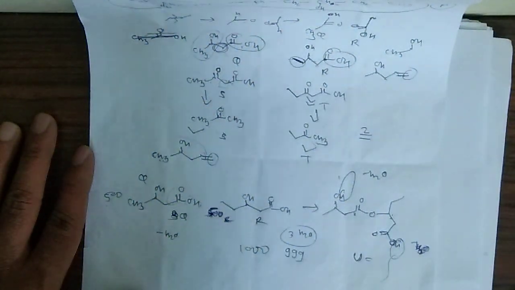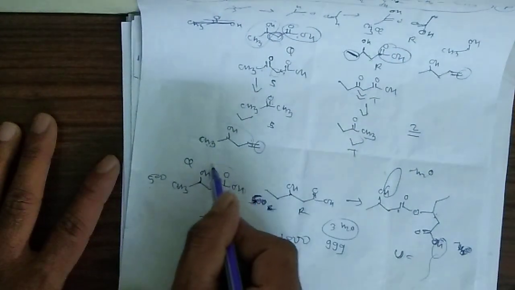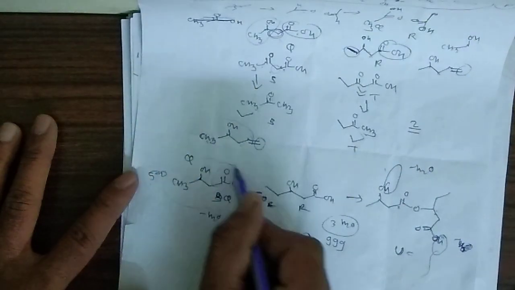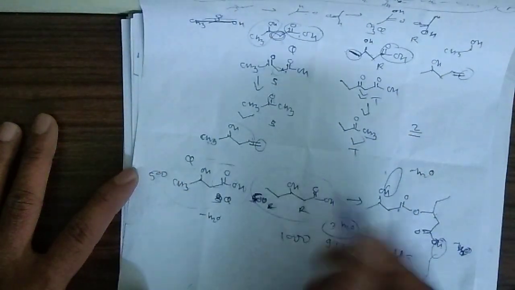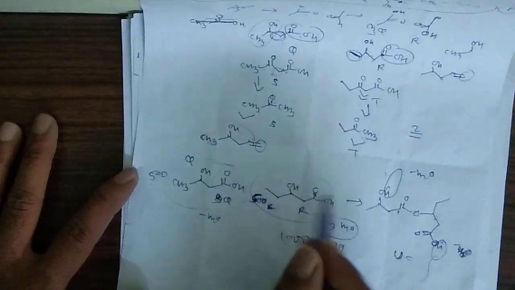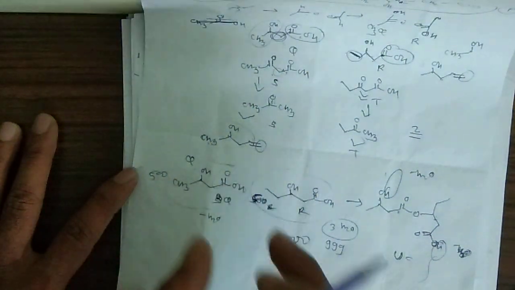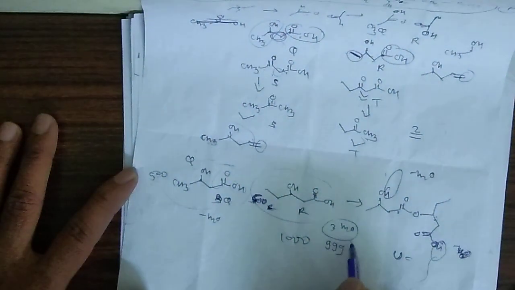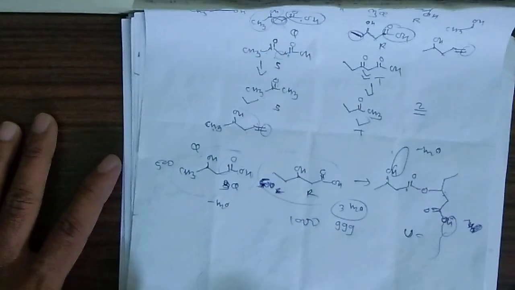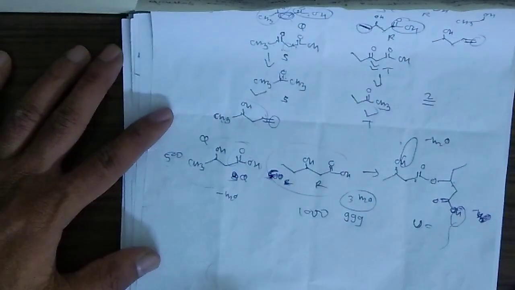What should the molecular weight be? First find the molecular weight of Q plus the molecular weight of R, into 500, because each has 500 moles, and minus the 999 water molecules. So now it becomes only mathematics.